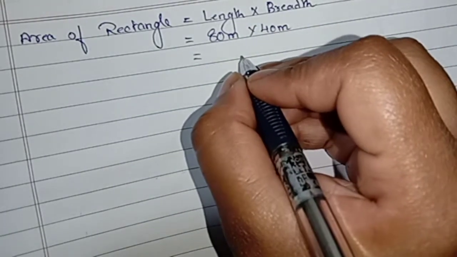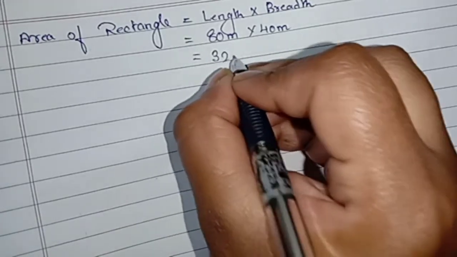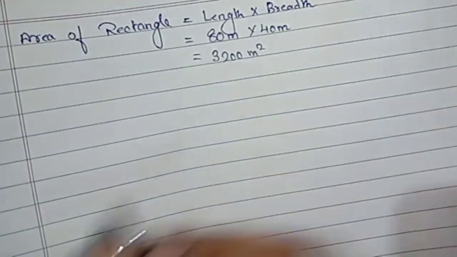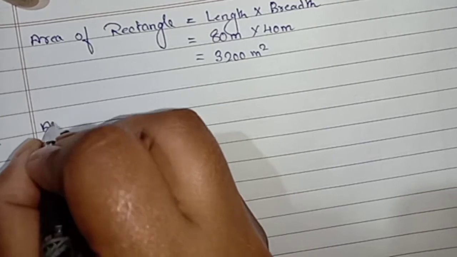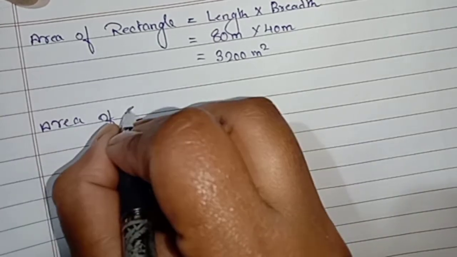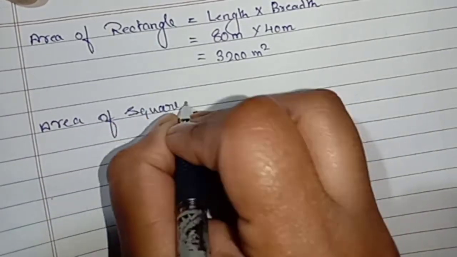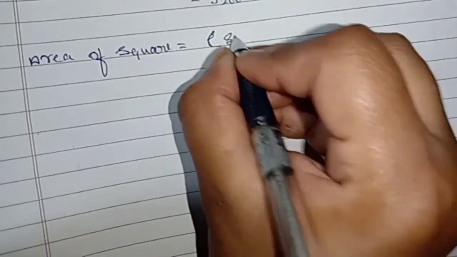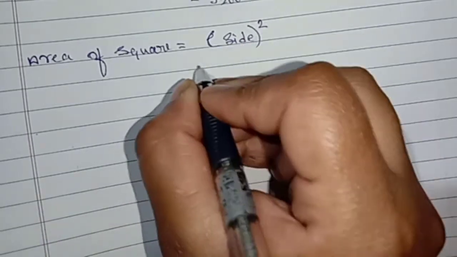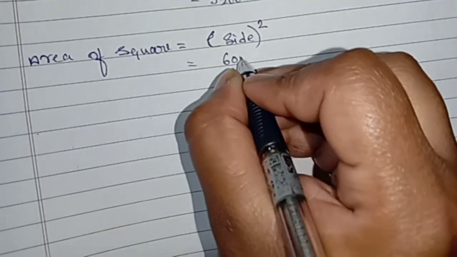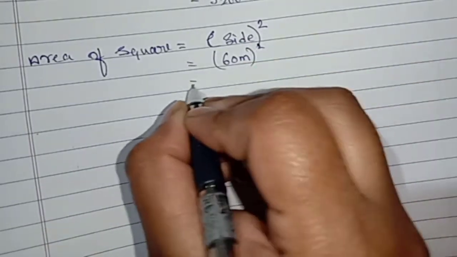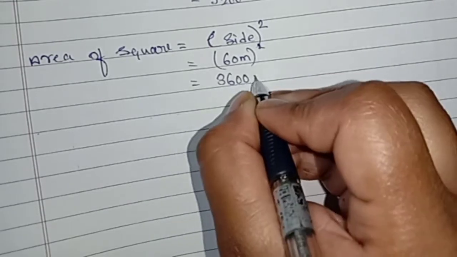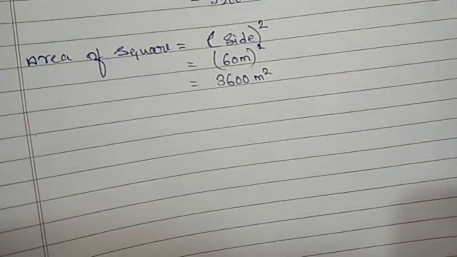So it will be 3200 meter square. And area of a square equals side square. So 60 meter squared, it will be 3600 meter square.